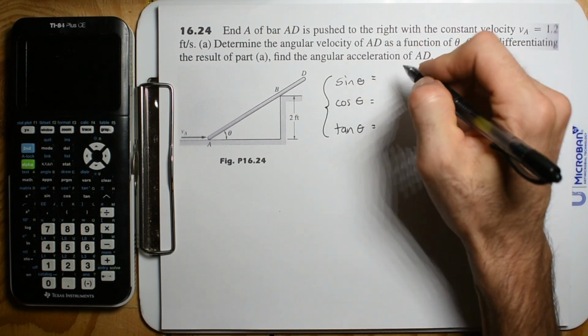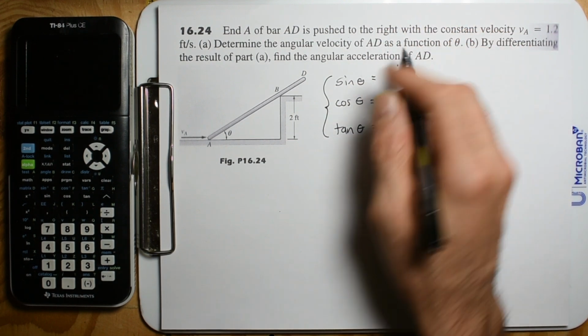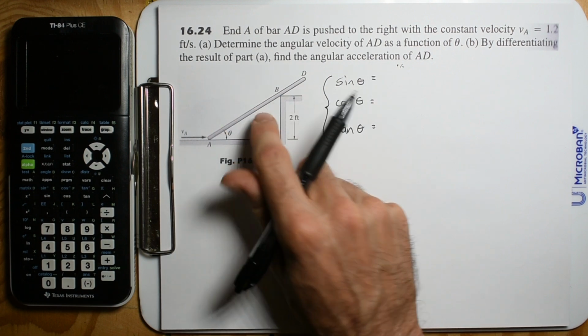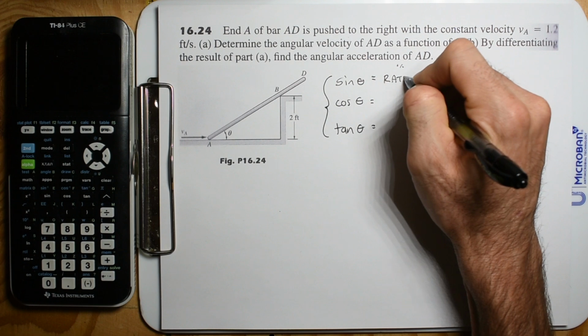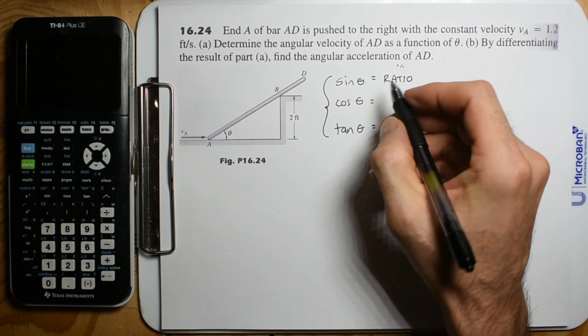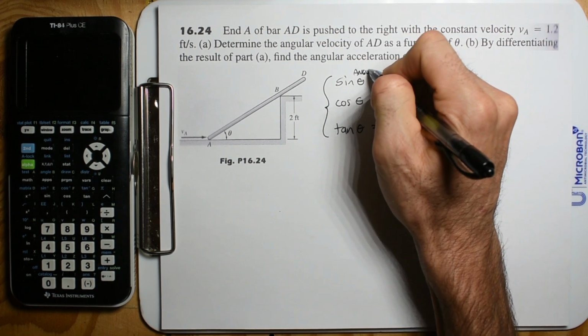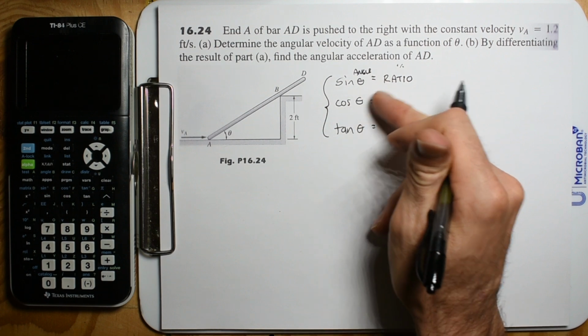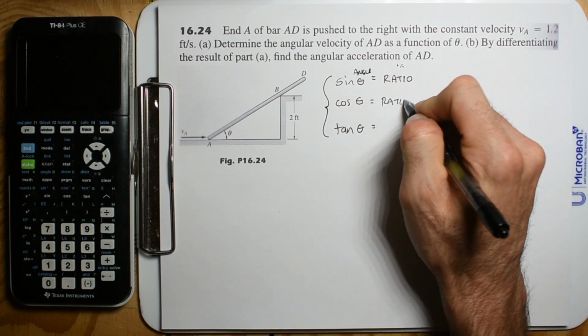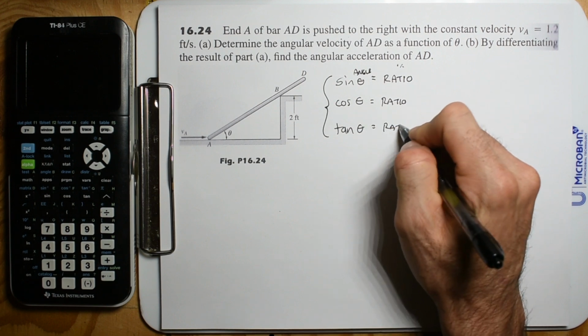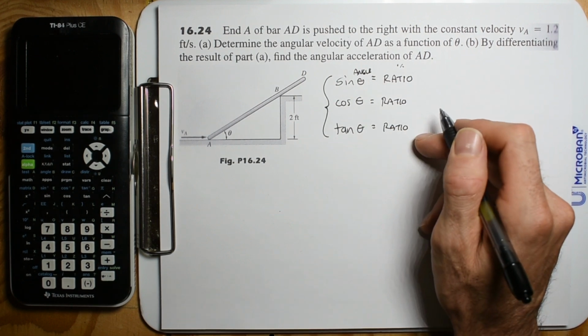But anyway, for sine and cosine, we said they're percentages of the hypotenuse. But to make it consistent, this is a ratio. So sine of an angle is equal to a ratio, cosine of an angle is equal to a ratio, and tangent of an angle is equal to a ratio.